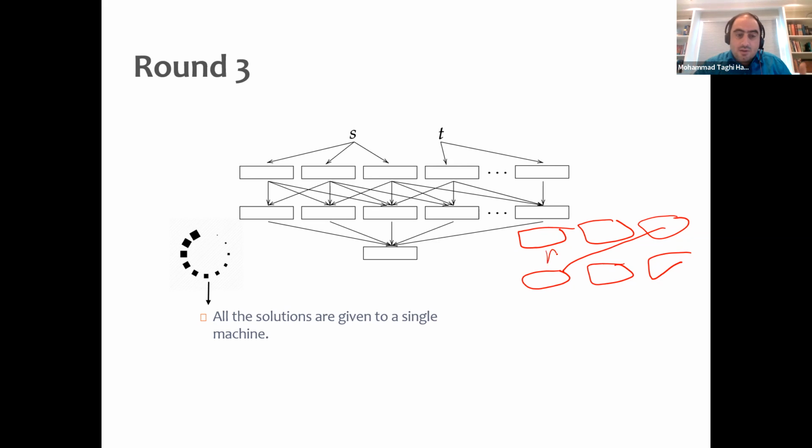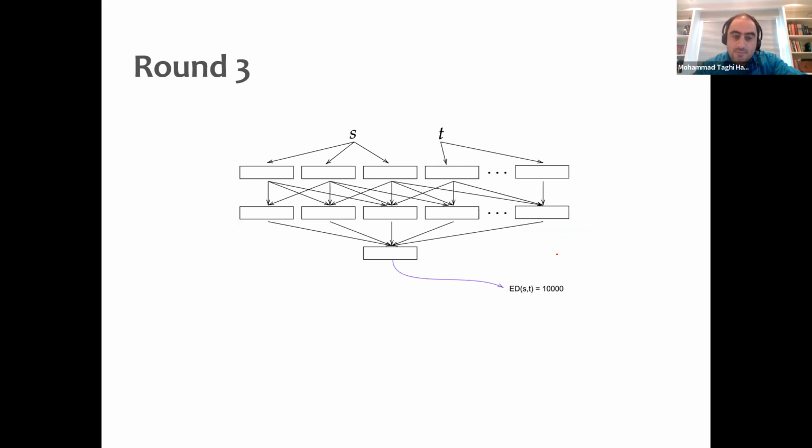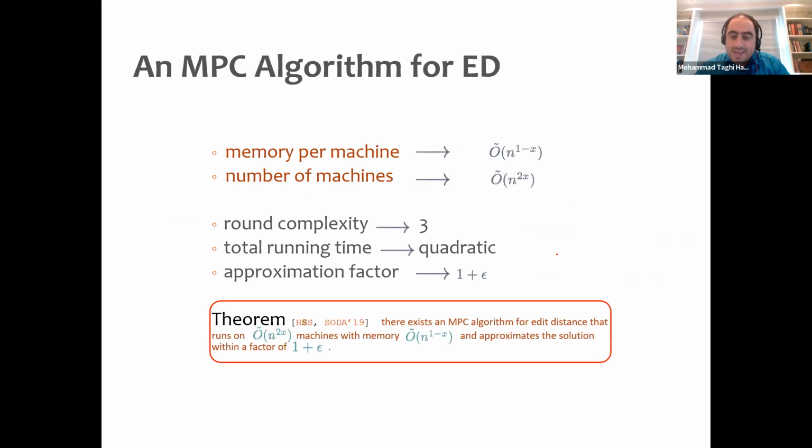So all the solutions are given to one machine, and this one machine computes them by some dynamic programming. As a result, the memory per machine would be n to the 1 minus epsilon. The number of machines would be n to the 2 times epsilon. The round complexity of this algorithm would be 3. In 3 rounds, it can do that.